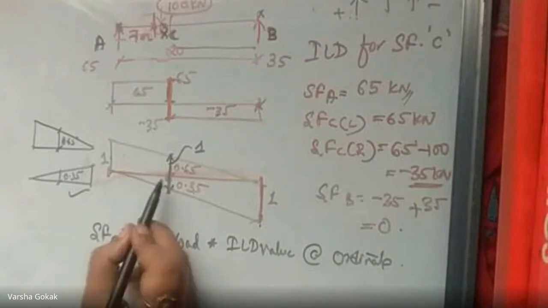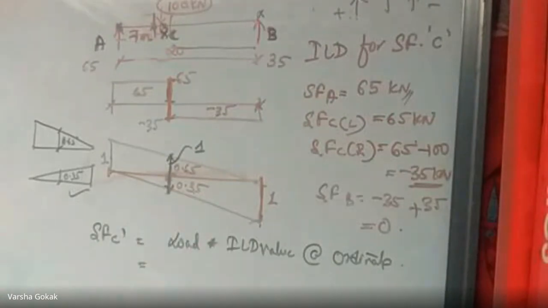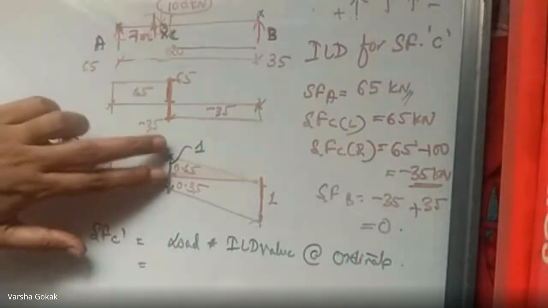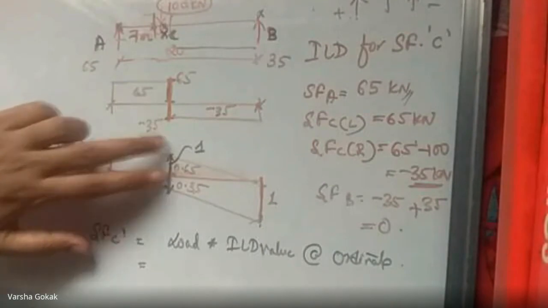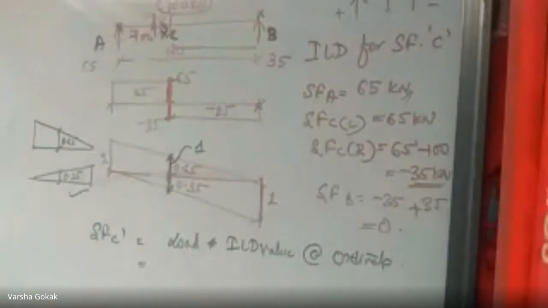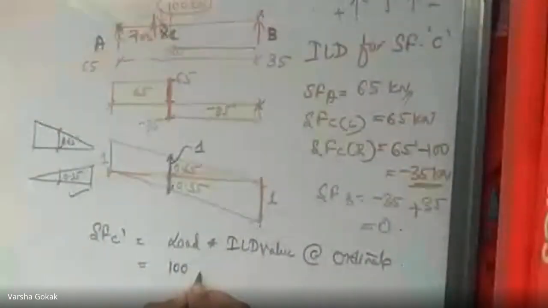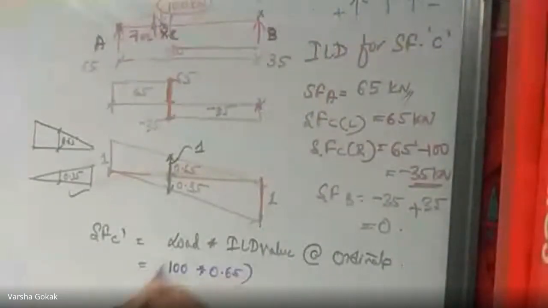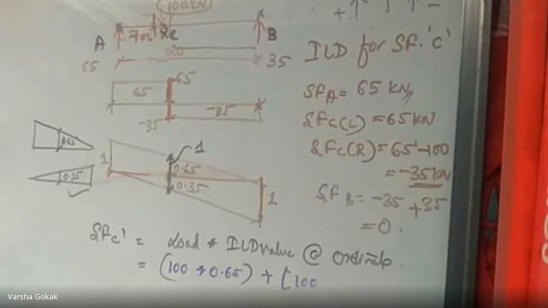So at point C, I have how many ordinates? I have one ordinate which is positive 0.65 and I have one ordinate which is negative 0.35. So both of them have to be accounted. So I have a load of 100 kilonewton into 0.65 which is positive. Okay. And I have a load of 100 kilonewton again into an ordinate of minus 0.35.